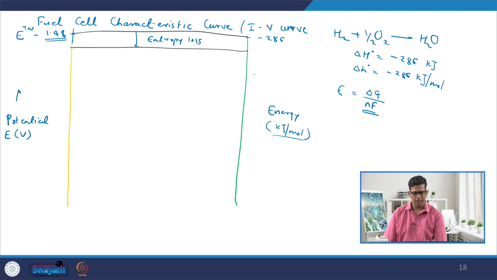If we subtract the entropy loss from the enthalpy, we are left with the Gibbs free energy. Gibbs free energy at STP is roughly close to minus 237 kilojoules per mole. This corresponds to your reversible cell potential, which is 1.23 volt.